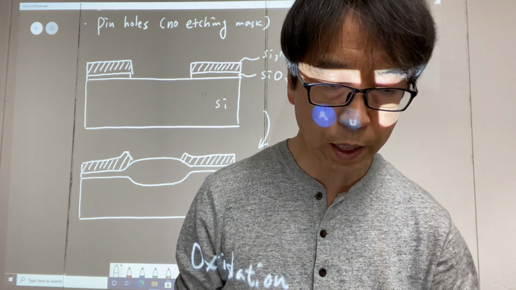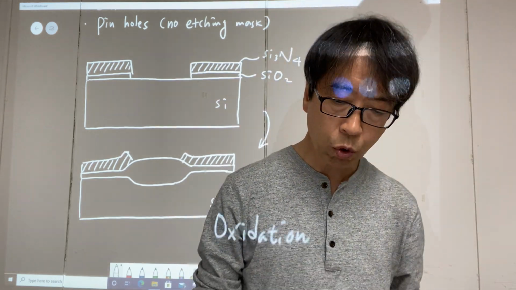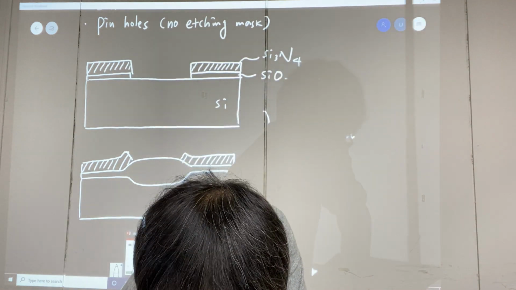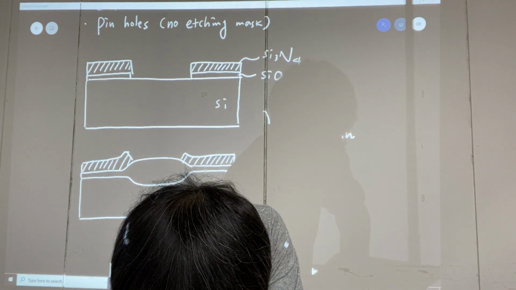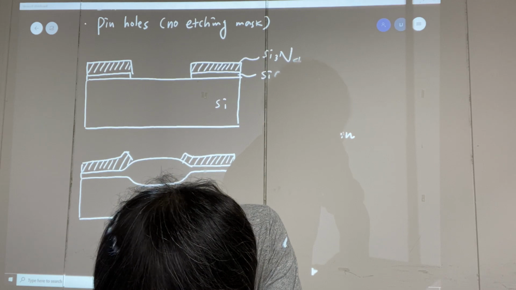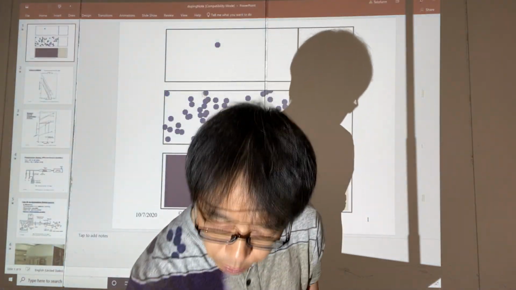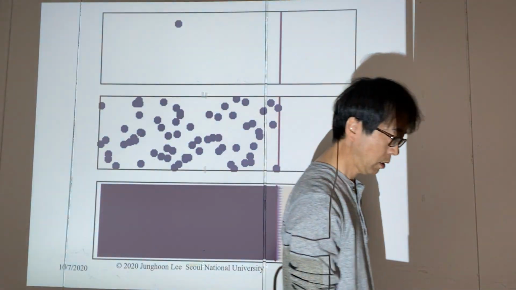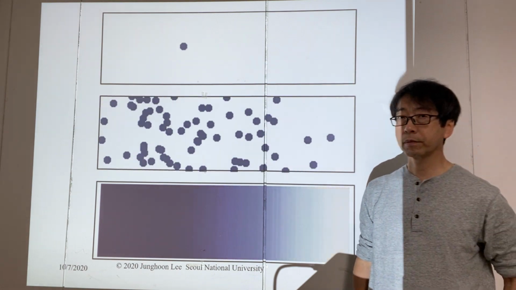and instead, let me directly go over to the doping of the impurities. So how does the doping occur? Doping occurs by diffusion.